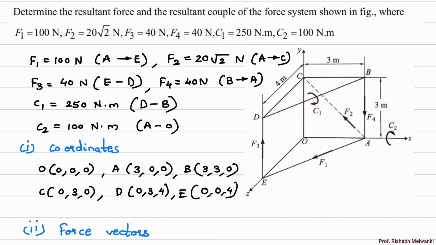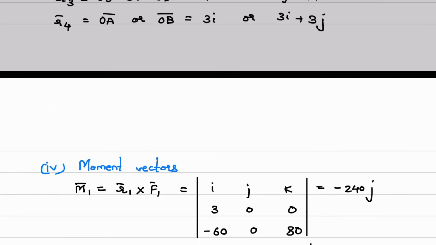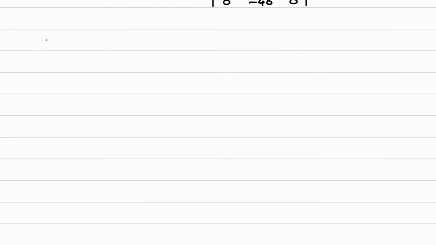Now the resultant vector we have to find out first. I'll write the next heading, heading number 5, resultant force vector. The resultant force vector is equal to, how many forces are there? 4 forces.